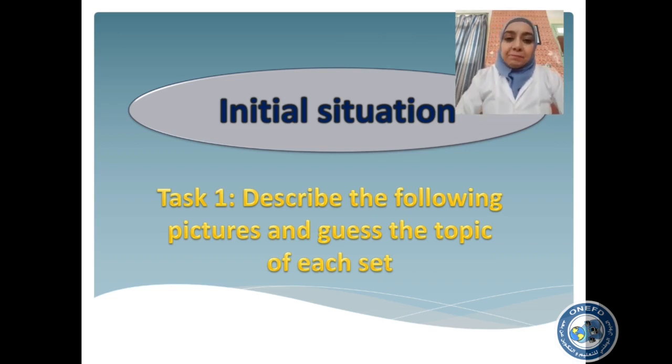Okay, task 1. Before we read the situation, let's try to help you understand it a bit. Describe the following pictures and guess the topic of each set of pictures. You will have pictures. Try to describe what you see in each picture, then what is the topic of the 4 pictures together.